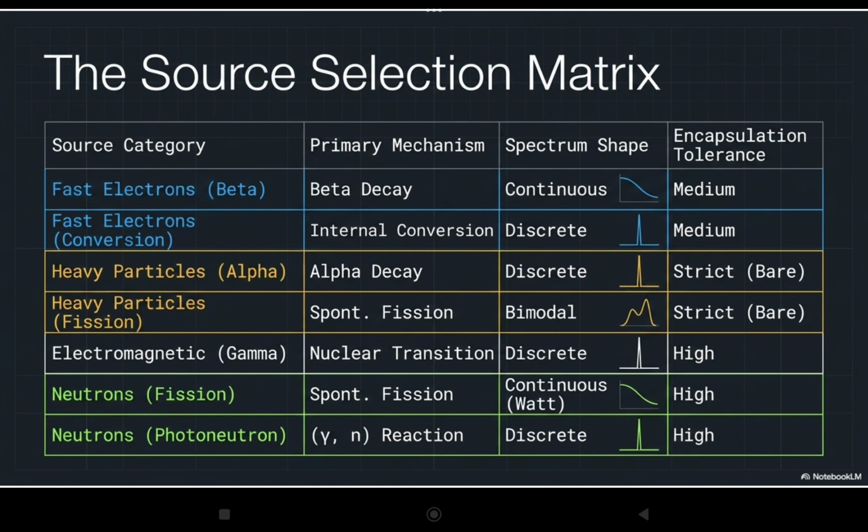In nuclear medicine and radiation physics, the best source is not simply the most intense one. It is the one that matches the measurement objective, the detector response, and the safety constraints of the setup. This matrix is a useful checklist for making that decision systematically.